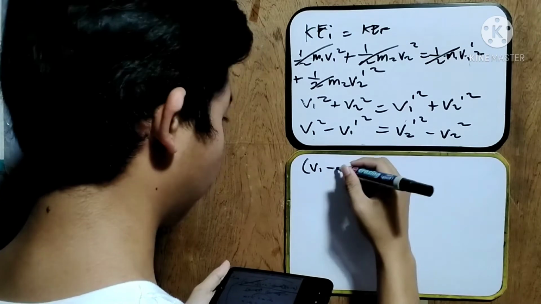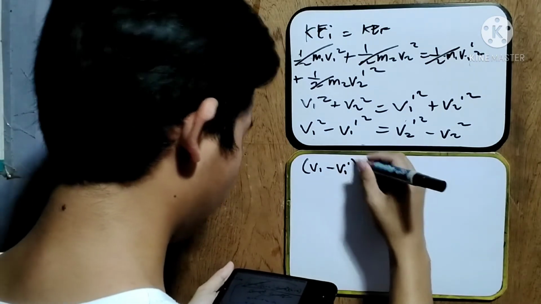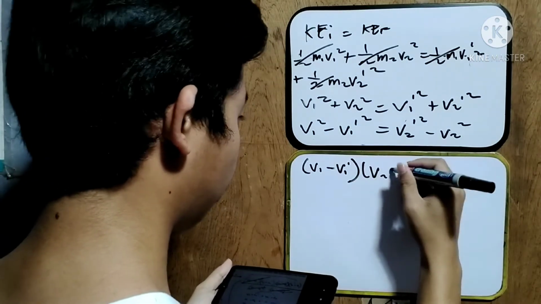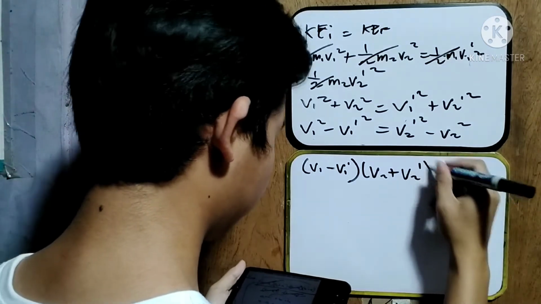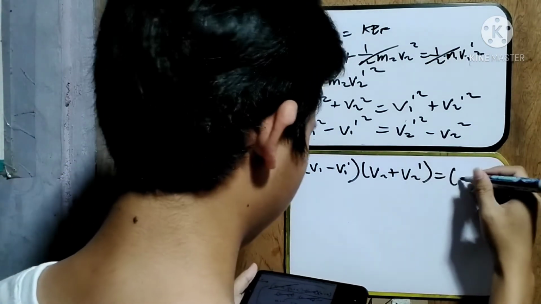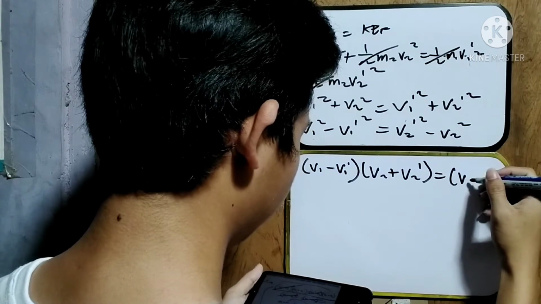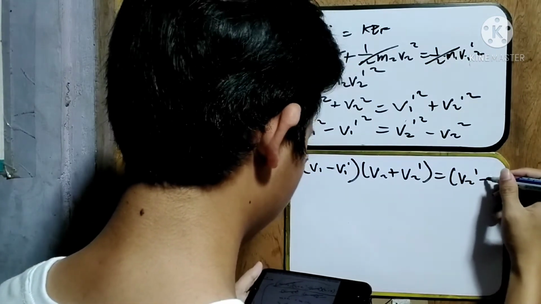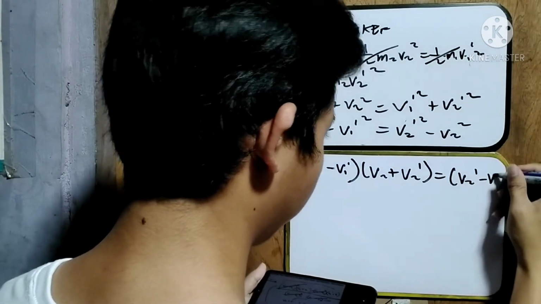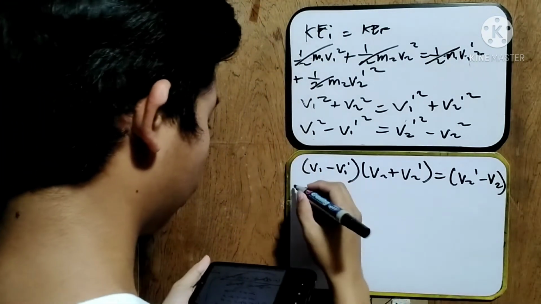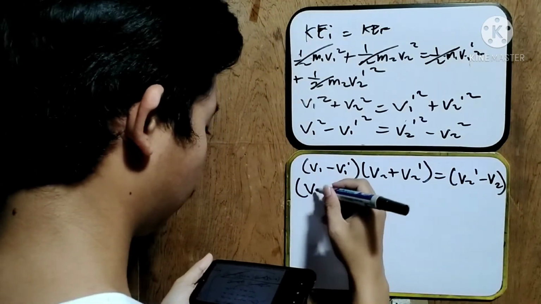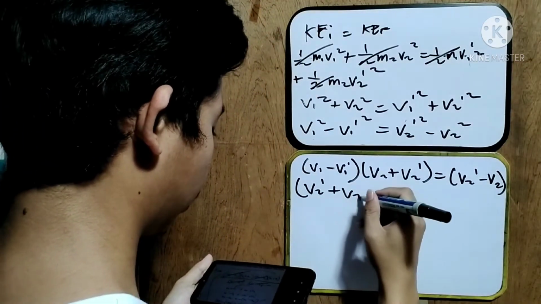V1 minus V1 prime times V1 plus V1 prime is equal to V2 prime minus V2 times V2 prime plus V2.